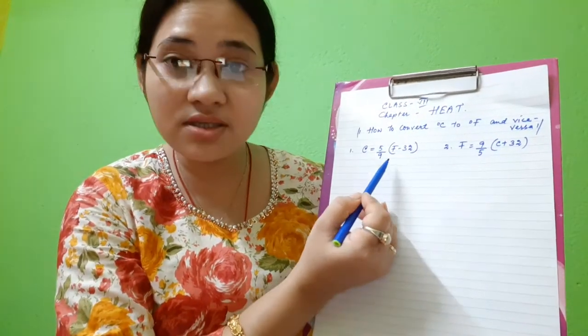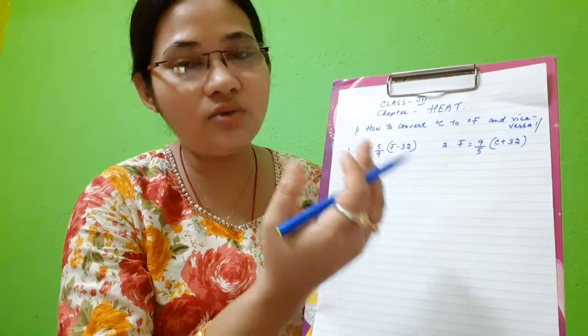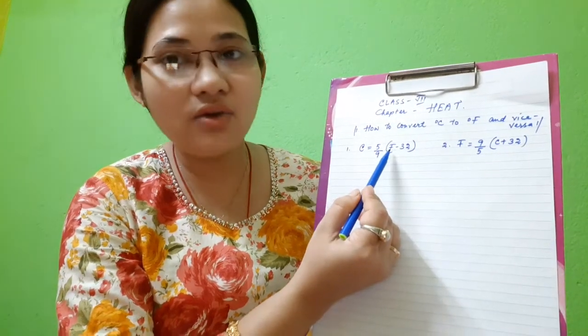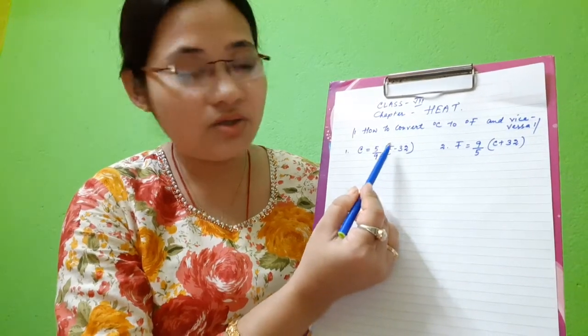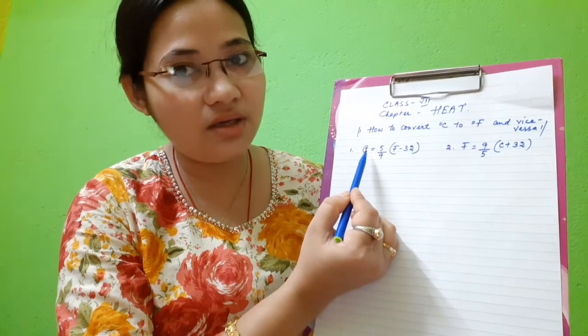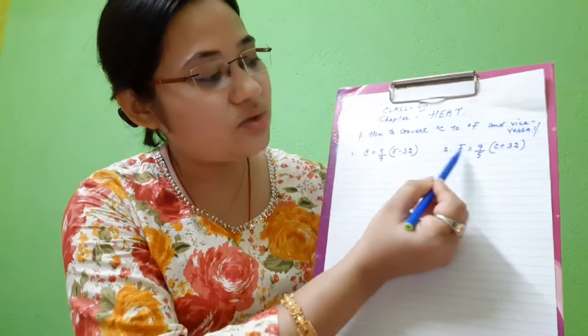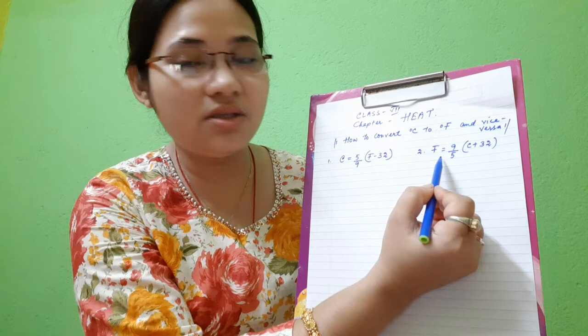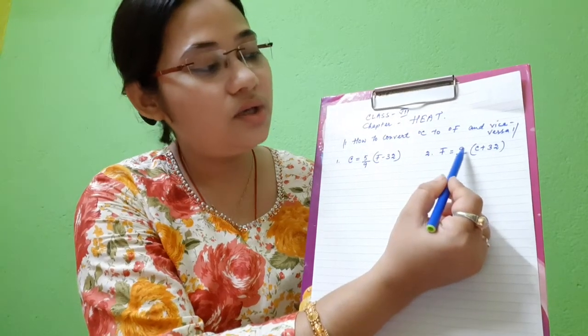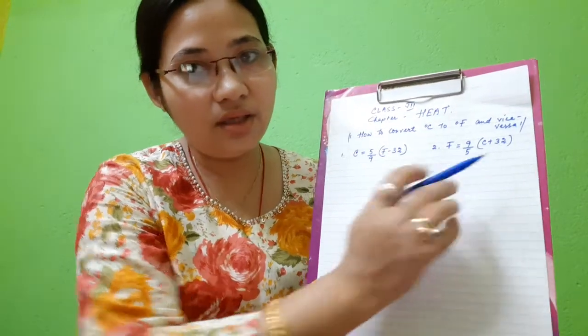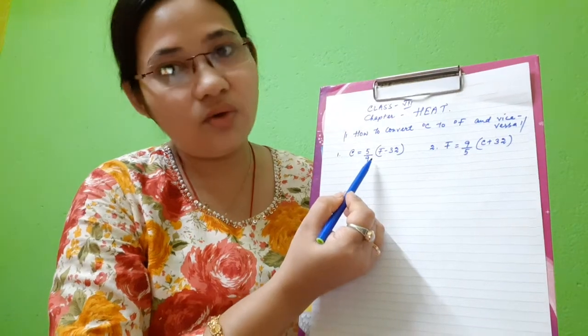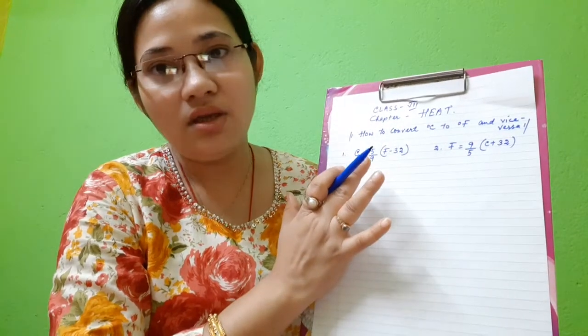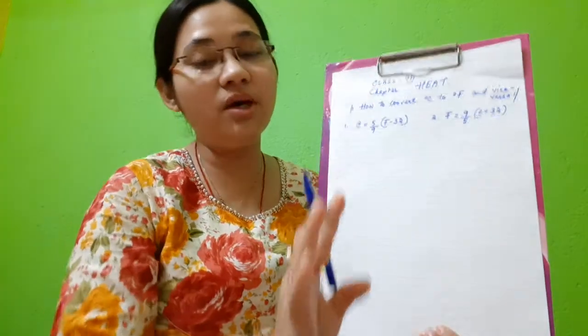Suppose f is given, then with one variable given, the next variable c you can easily find out. So these two are similar. Or you can also remember f is equal to 9 by 5 c plus 32. This one is easy to calculate, so I use this one. Both are the same, you can remember either of them.